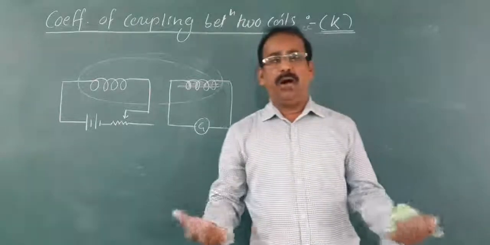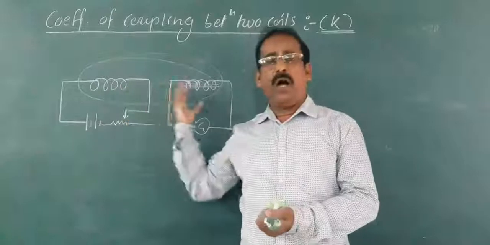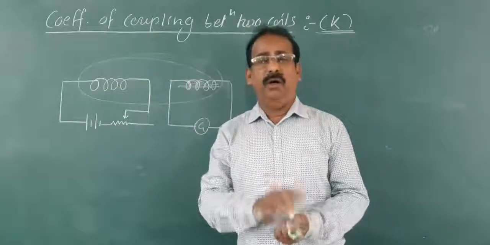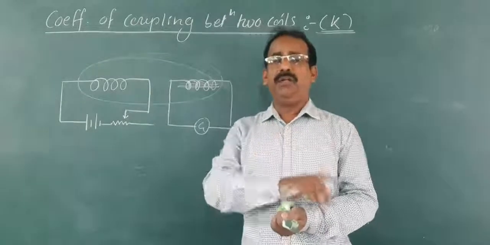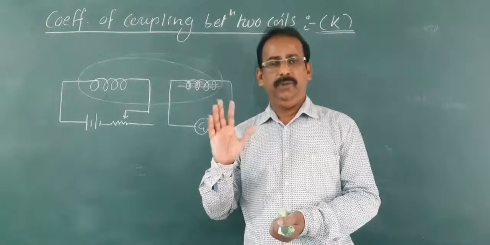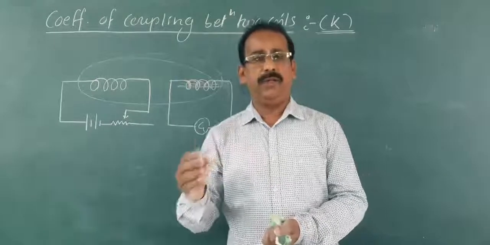If K is more, if the portion of magnetic flux reaching the second coil is more, then we find that the mutual inductance of the two coils is also greater.